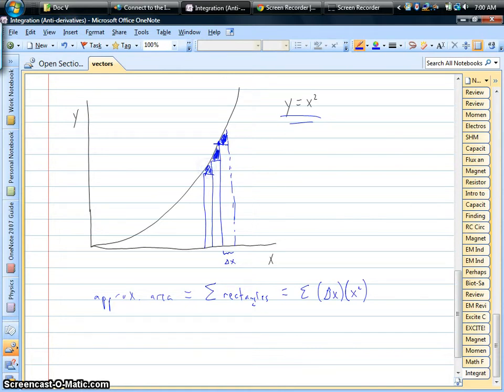Okay, so the question is, how do you make it a better approximation? How can you reduce that area that we're missing? And perhaps you see it, what if instead of wide rectangles, let's erase some of those, what if we made a bunch of skinny rectangles?